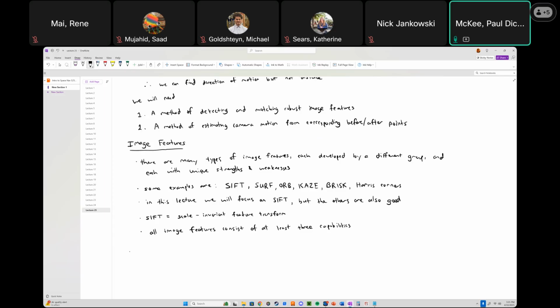So there's feature detection, by which we mean what in this image is unique.